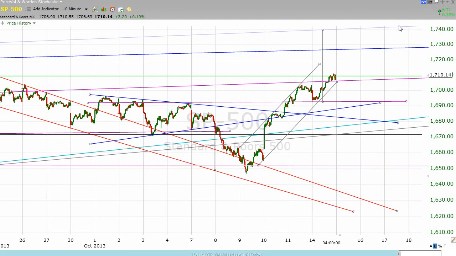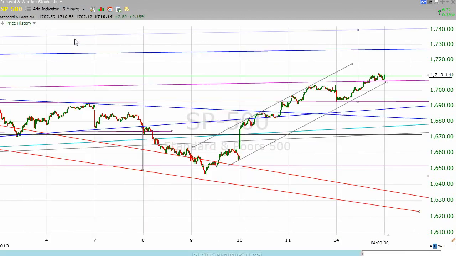And also I mentioned in the weekend video that I wanted to identify our resistance line here, but then I also said let's snap a parallel line and let's see if that provides support.